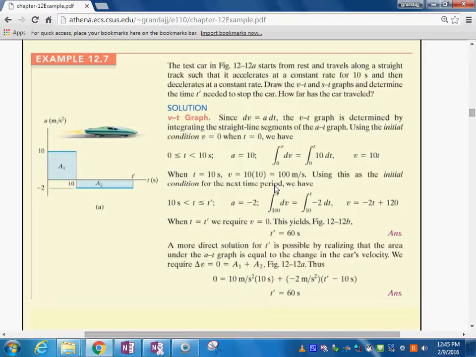Draw the velocity and time and the position versus time graphs and determine the time t prime needed to stop the car.